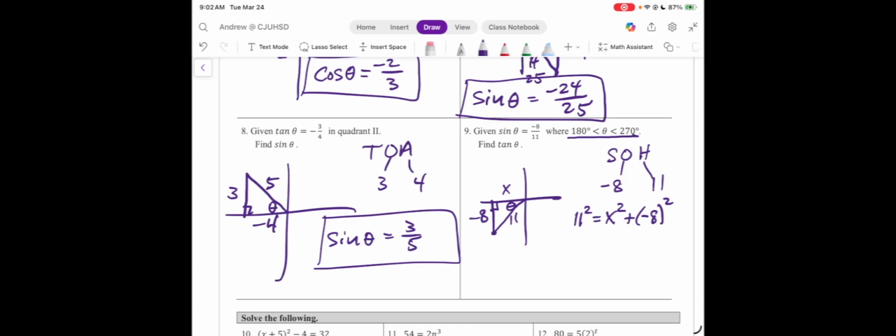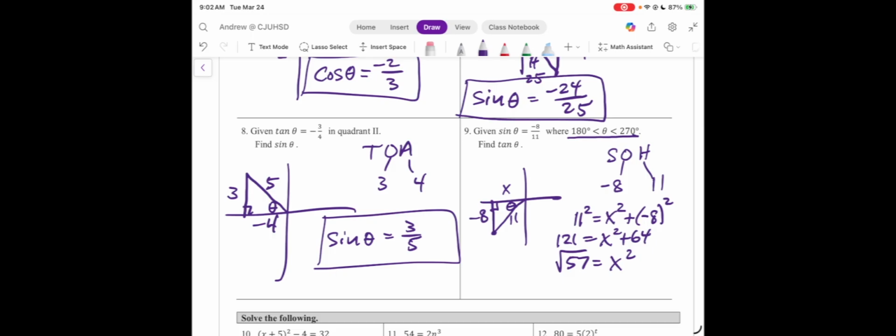That's how I know. See, it's not just what I'm looking for that goes alone. It's the hypotenuse stands alone. So we got 121 is x squared plus 64. 121 minus 64 is 57.